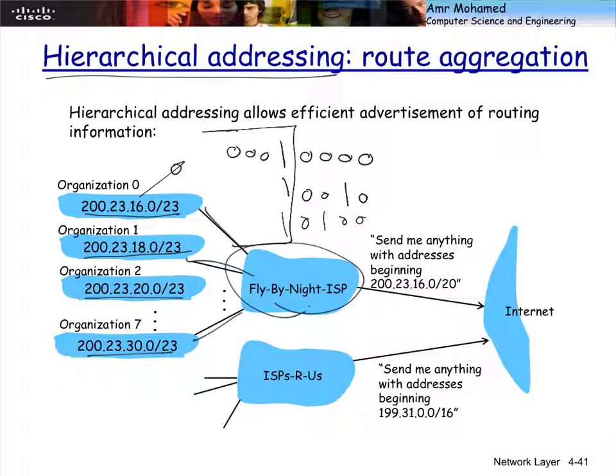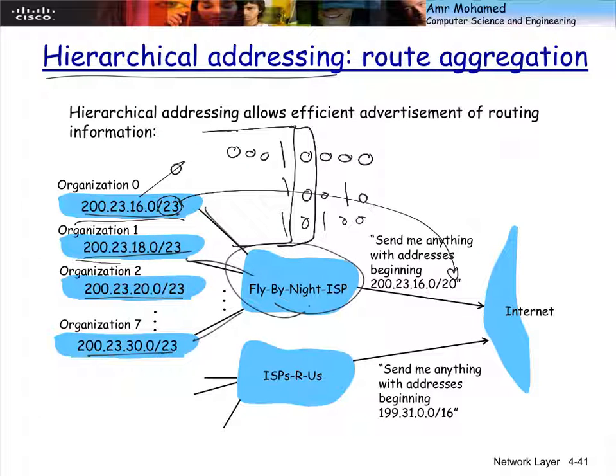So this part is common. Or maybe better yet, this part is common. So you'll find the part that is common, and then I can reduce the subnet mask from /23 all the way to /20. So this way, what I have essentially done is that I have grouped all these subnet addresses into one address, and we call this route aggregation or route summarization.